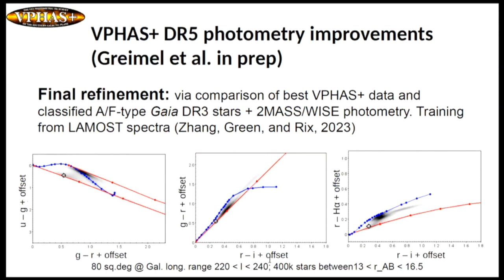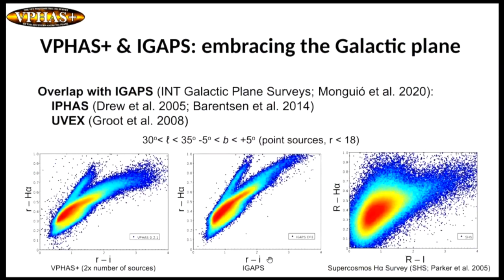And so this is the very last fix, and you can see a very good overlap of the main sequence and the reddening lines, signifying that the VPHAS Plus survey is going to achieve this overall calibration throughout the whole galactic plane. Now let's go more into this direction of science that we can do with VPHAS Plus.